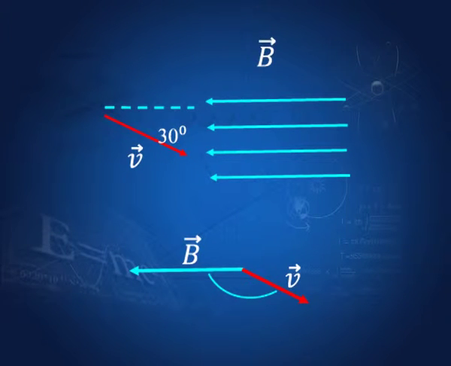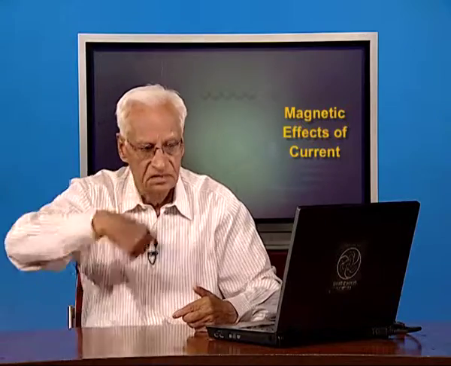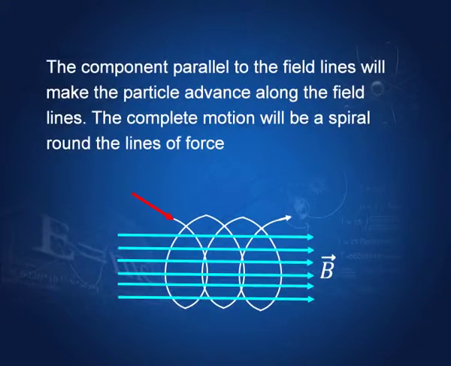Similarly, here say a particle is coming with velocity V, and then it finds a magnetic field B. So, what do we do? We break the velocity into two components. One component parallel to B is not affected. The perpendicular component would trap the particles in a gyrating motion around the field lines, and therefore, the result would be this.